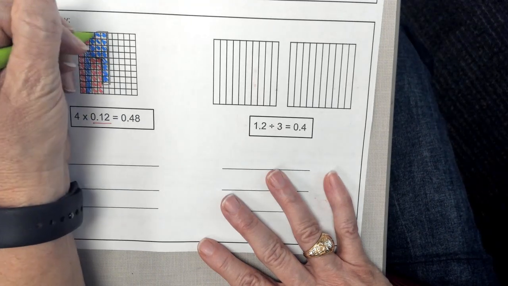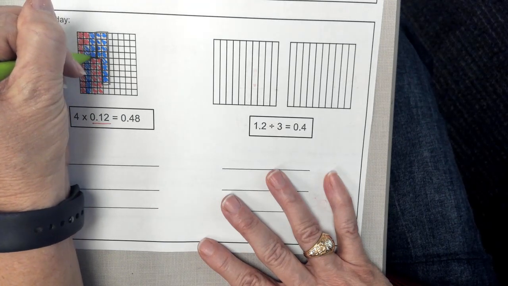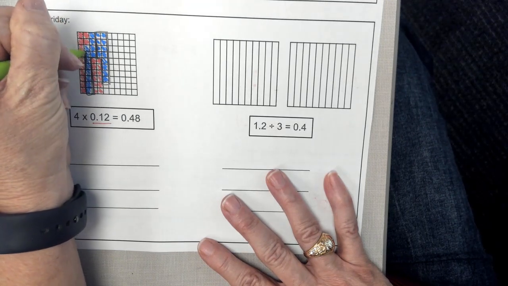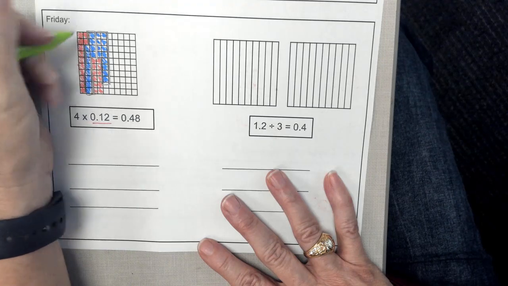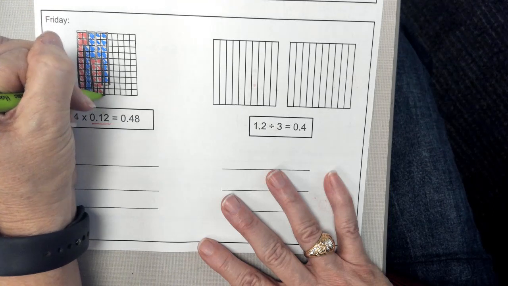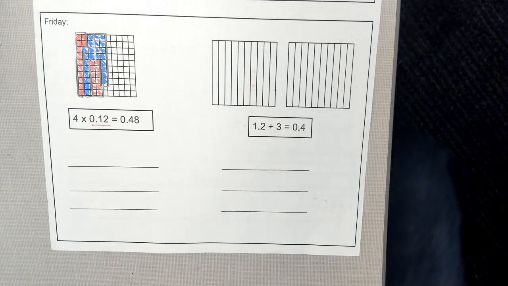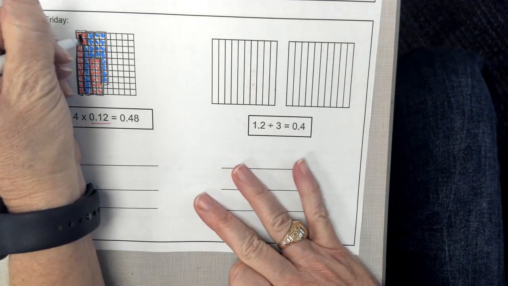And what I'm going to do is outline those groups so that they stand out like my models on my paper that I see later on today in my examples. I'm going to take my pen and call this group 1.